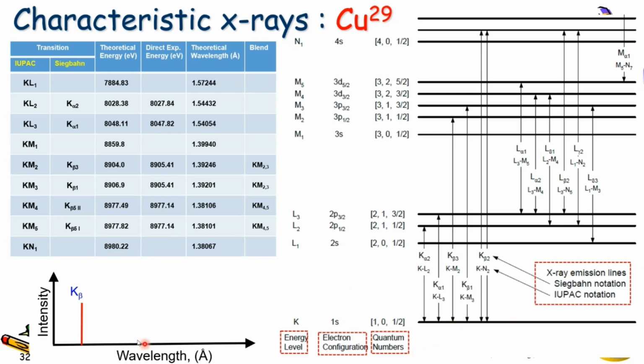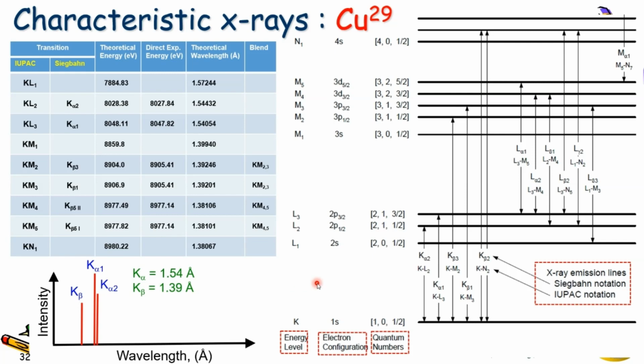The wavelengths represent energy. So you have K alpha 1, K beta, and K alpha 2. So this is the wavelength. K alpha is about 1.54, and K beta is about 1.39.